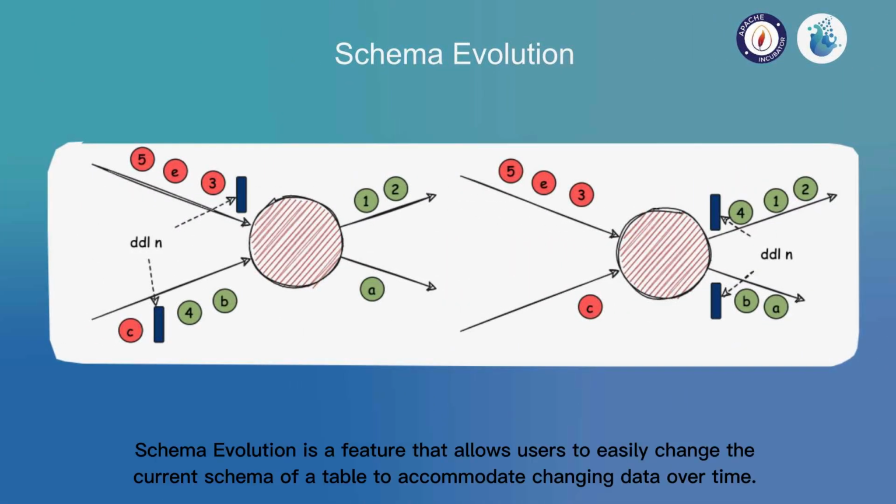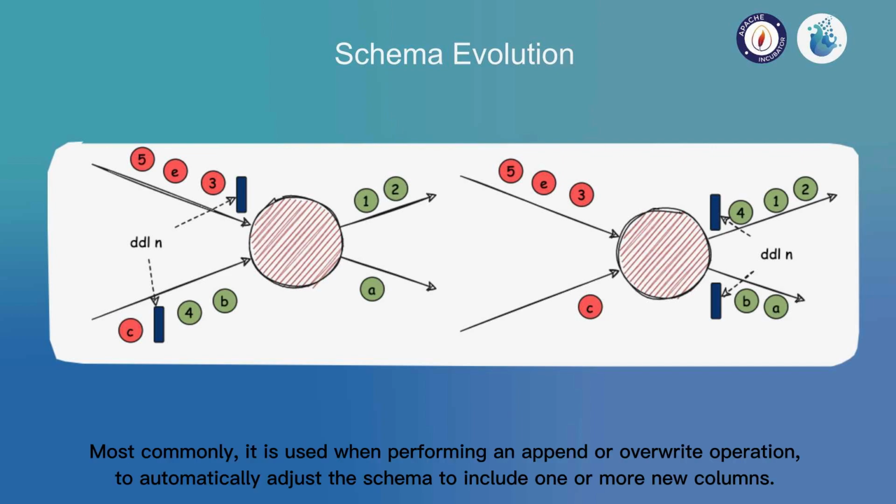Schema Evolution is a feature that allows users to easily change the current schema of a table to accommodate changing data over time. Most commonly, it is used when performing an append or overwrite operation to automatically adjust the schema to include one or more new columns.